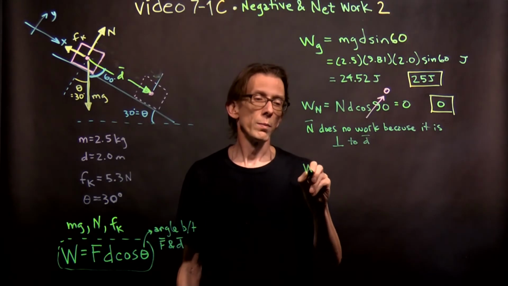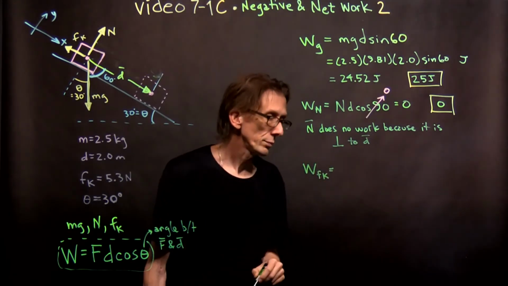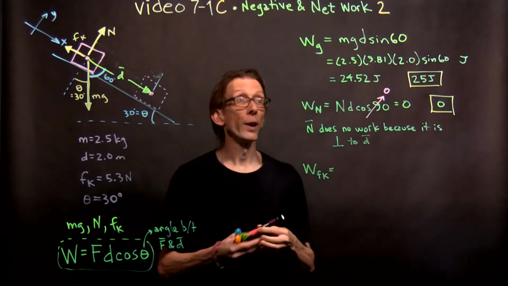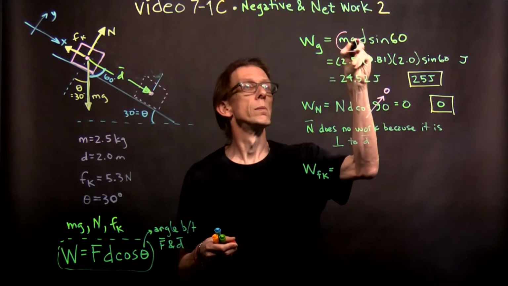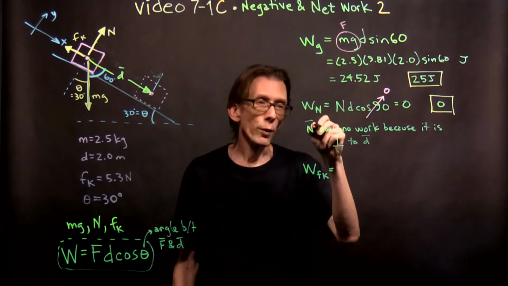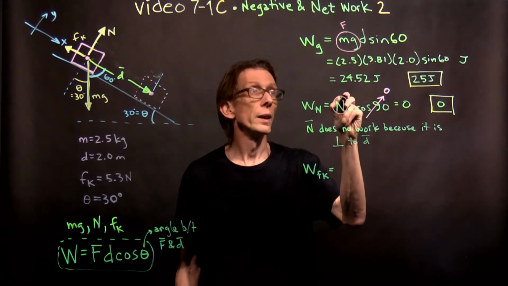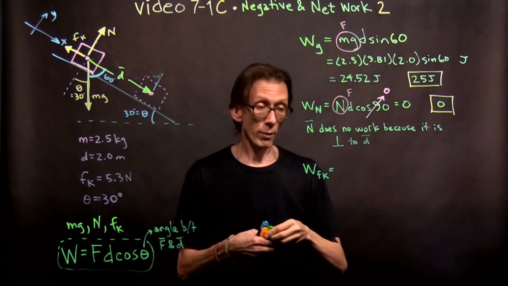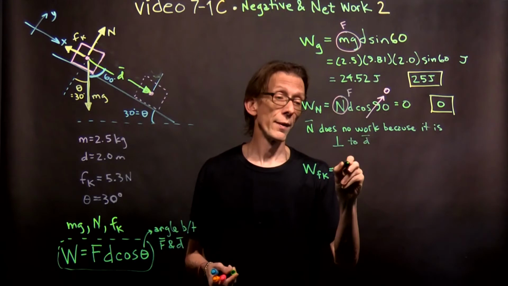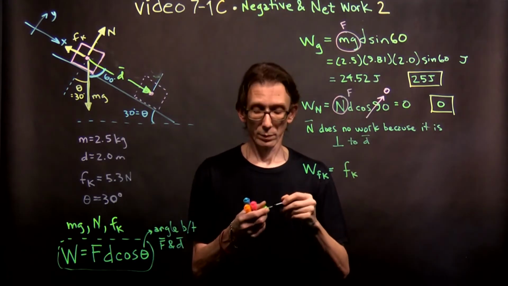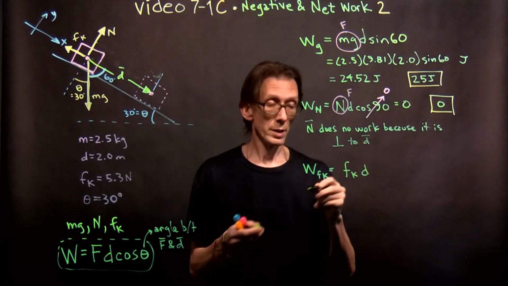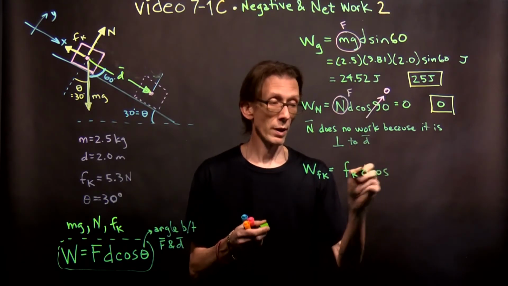Now what's the work done by the kinetic frictional force? Same idea, right? Here we plugged in, for F, we plugged in mg. For normal force for F, we plugged in N. Here for F sub k, the frictional force, we're going to plug in F sub k. Okay? F sub k, d, and then cosine. Talk about the angle in a second.